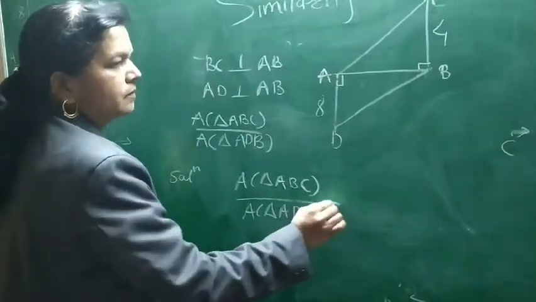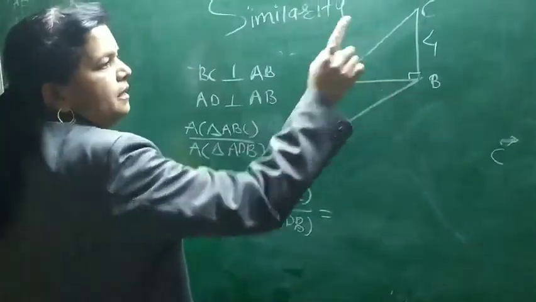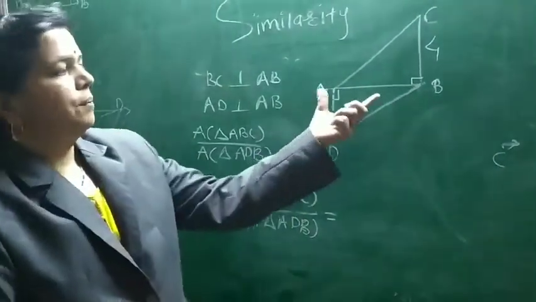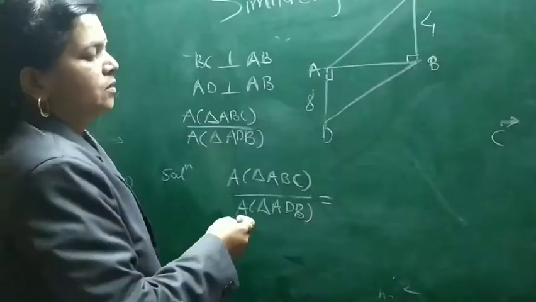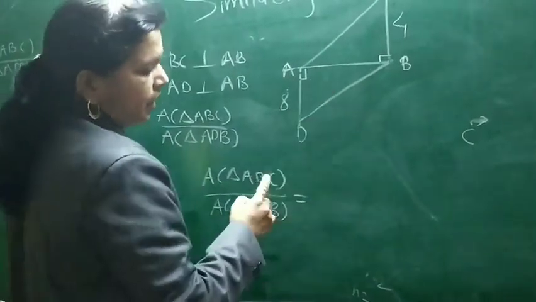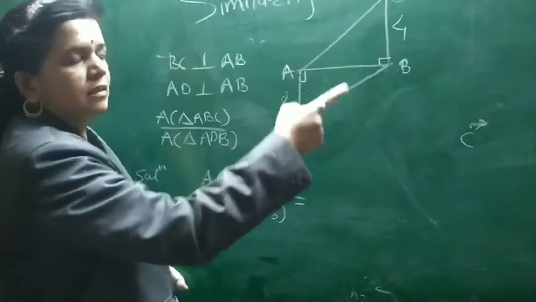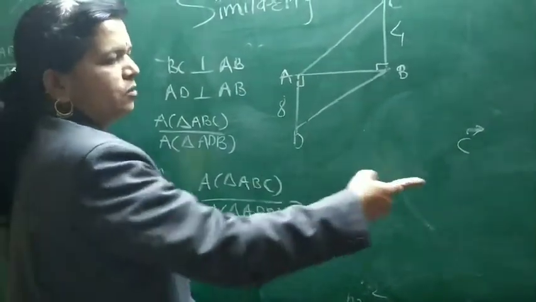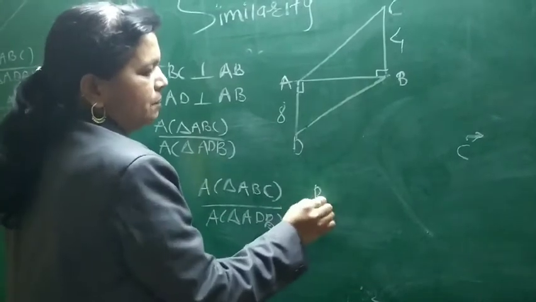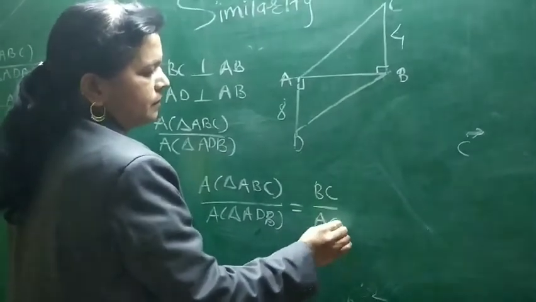We observed here that the bases are equal. So what is coming? The ratio of areas of two triangles with equal base is the ratio of their corresponding heights. We can directly write BC upon AD.